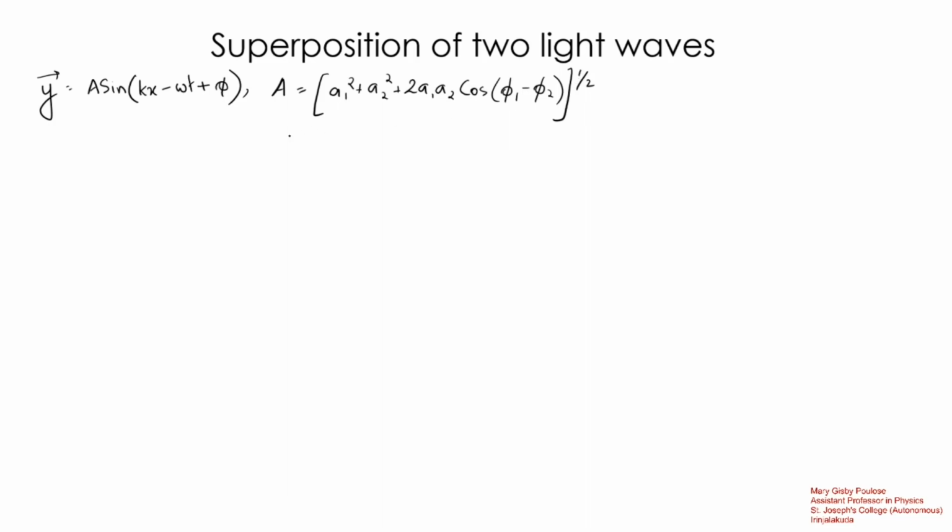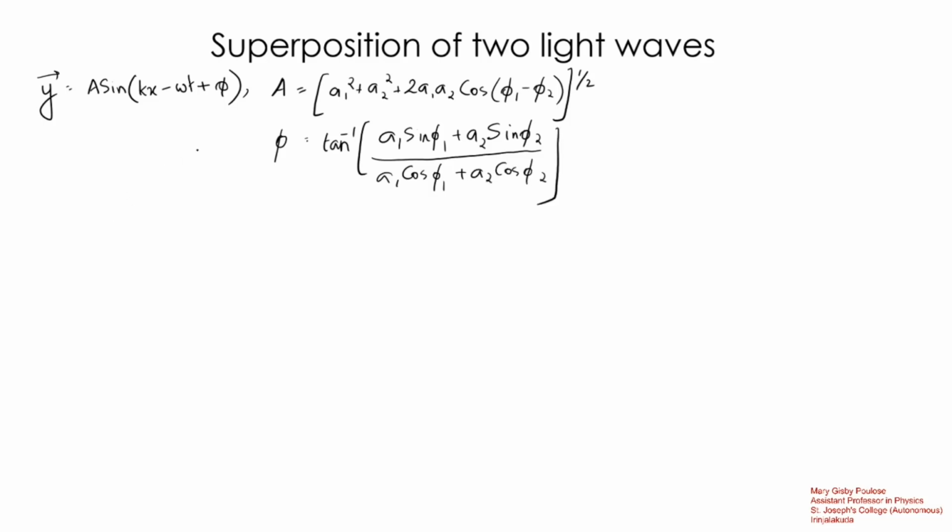Okay, and phi is equal to tan inverse of A1 sine phi 1 plus A2 sine phi 2 divided by A1 cos phi 1 plus A2 cos phi 2. Now let us see some cases here.